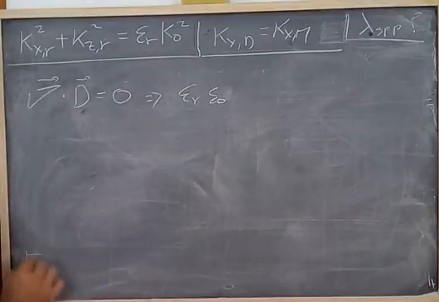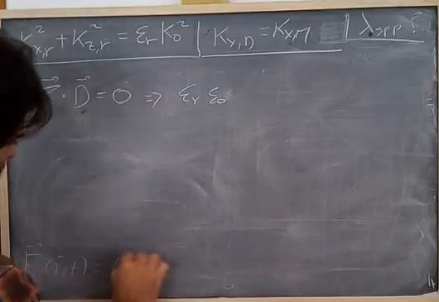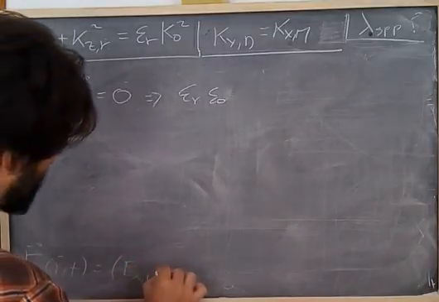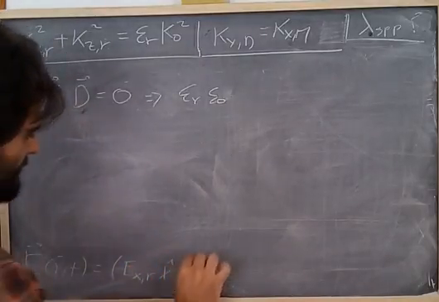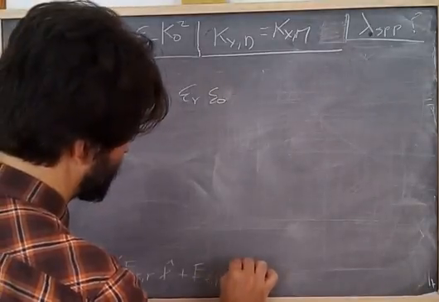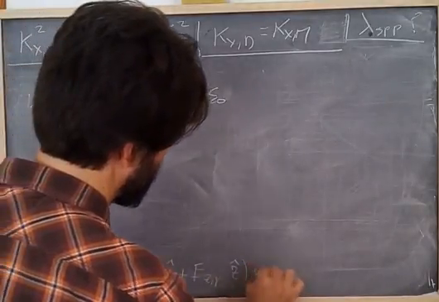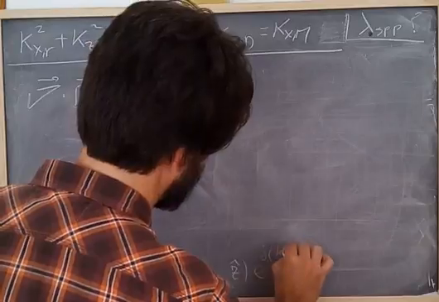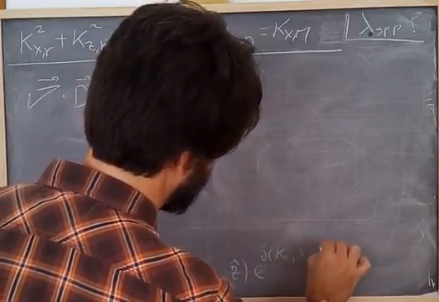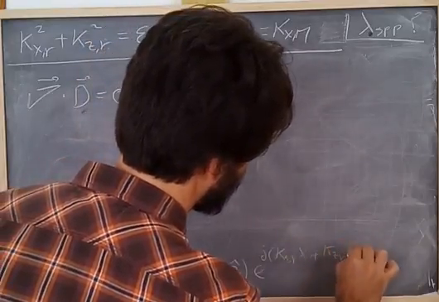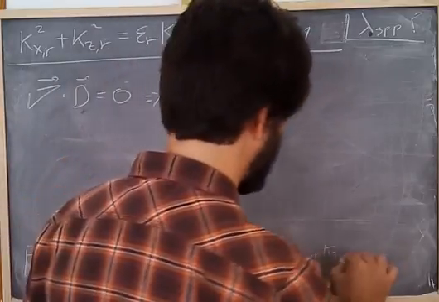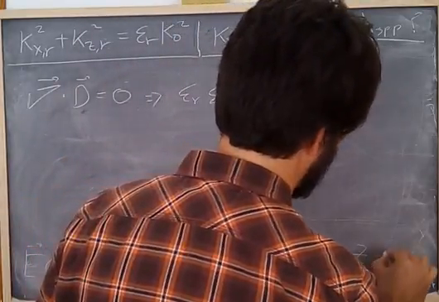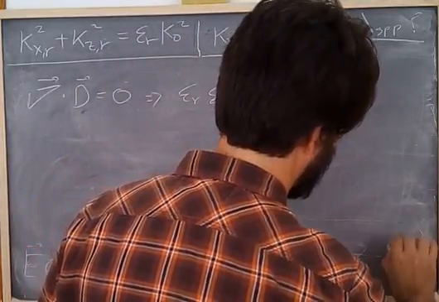I can use that this vector is a function of kx x plus kz z minus omega t.